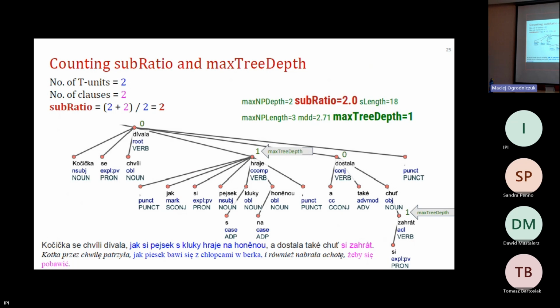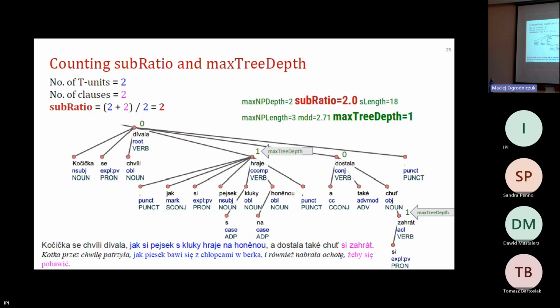So you have two T-units and two subordinate clauses. According to the subordination ratio measure, you add the number of T-units and the number of clauses and divide it by the number of T-units, and you get 2. So this is what you get here.